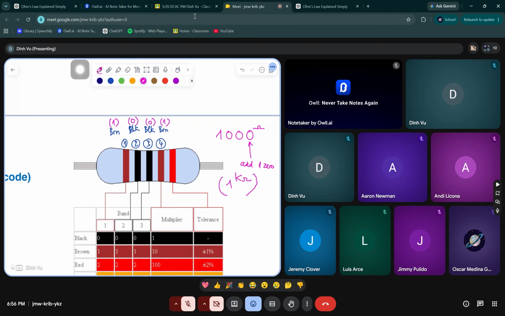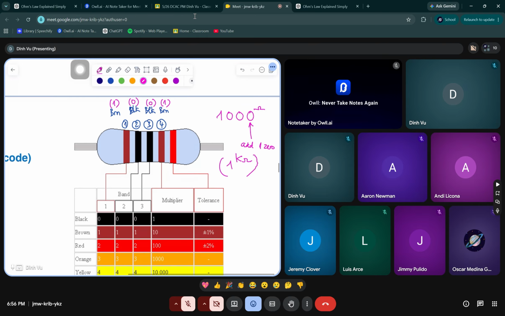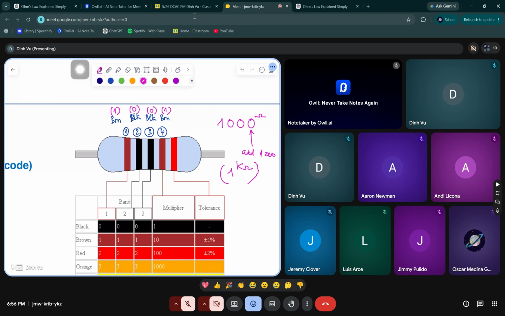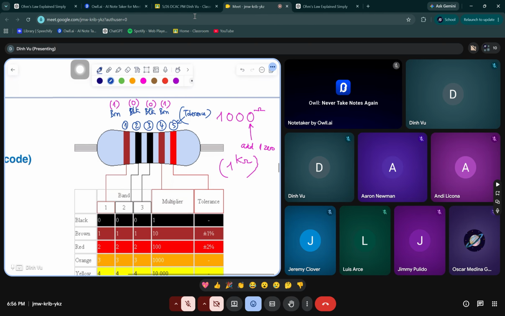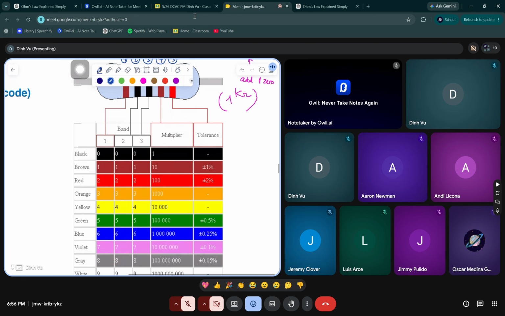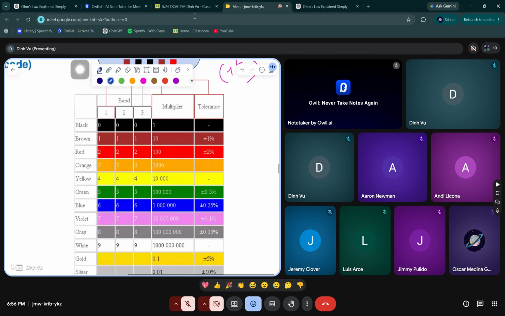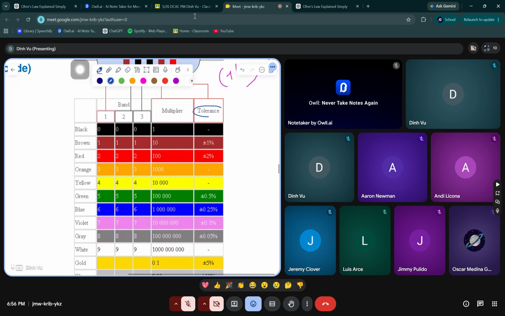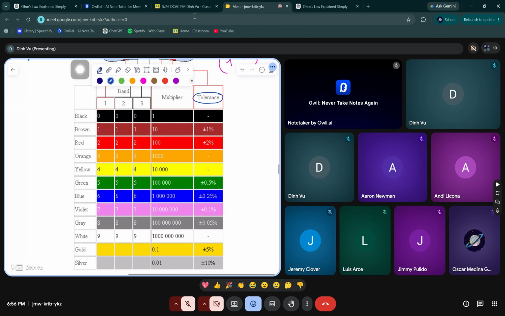Okay? Band 5 now is the tolerance. For the case of the 5-band code, the tolerance here is a little bit more complicated.